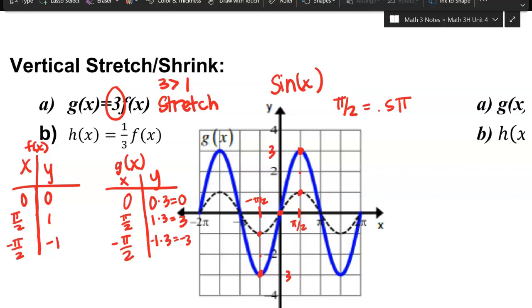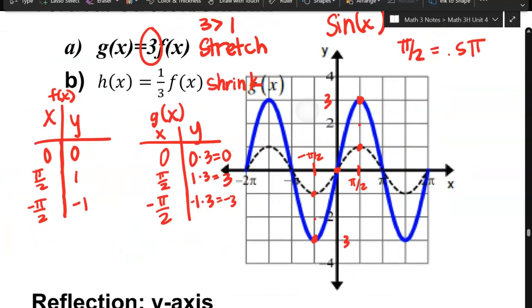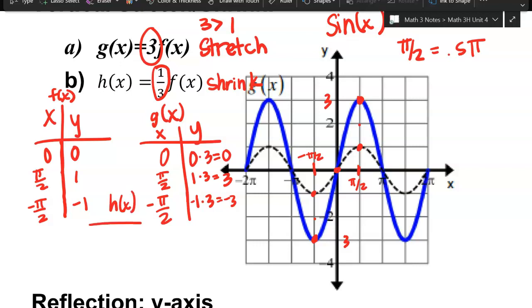So like this next one, that 1/3 is going to be a shrink. So we are going to be multiplying our y values by 1/3. So 0, pi halves, and negative pi halves.